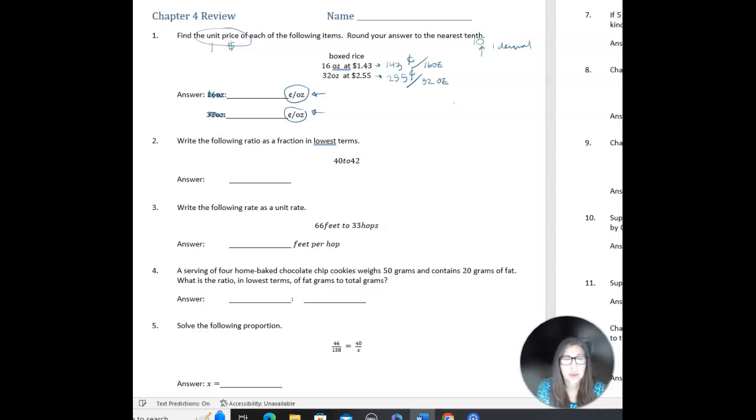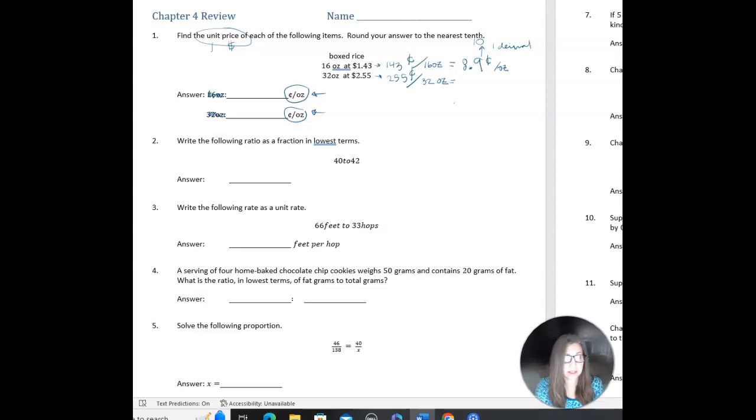They want it in 1 decimal place, so we just put that in our calculator. 143 divided by 16 is going to round to 8.9. Now we're talking about cents, not dollars, so 8.9 cents per ounce.